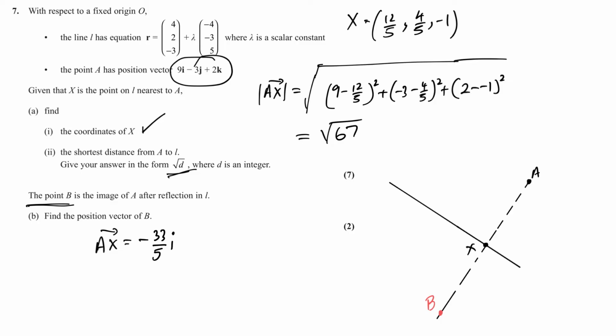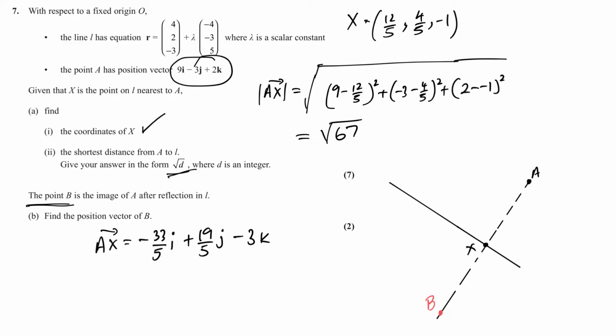And then we've got 4/5 minus minus 3, so it's going to be 19 over 5 j. And then we've got minus 1 minus 2, so minus 3 k. So what we've done is the x minus the a to get the AX vector.